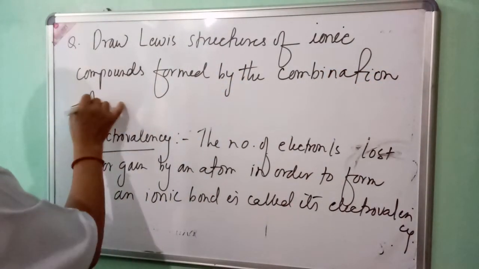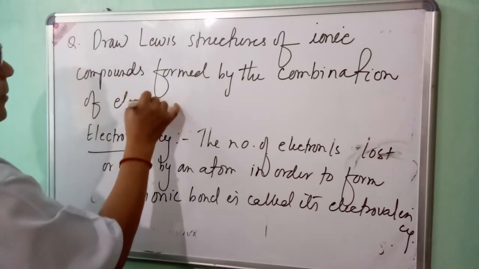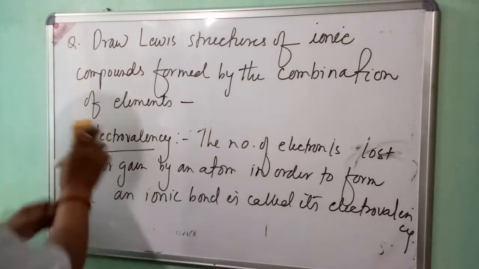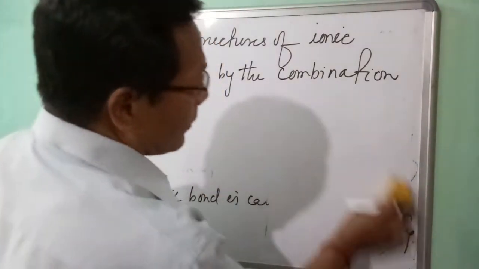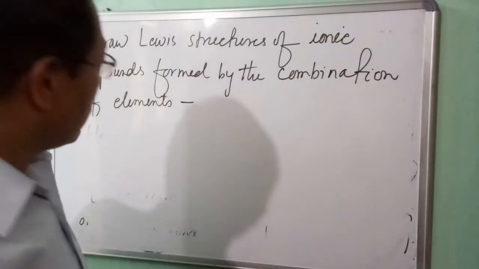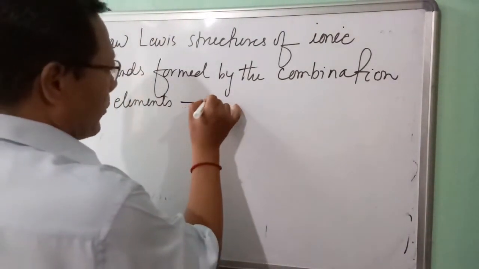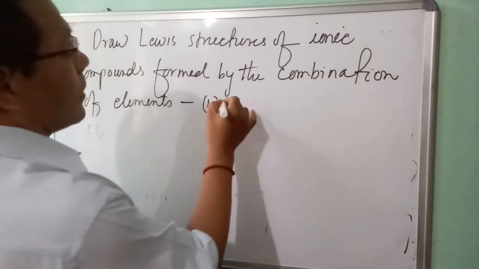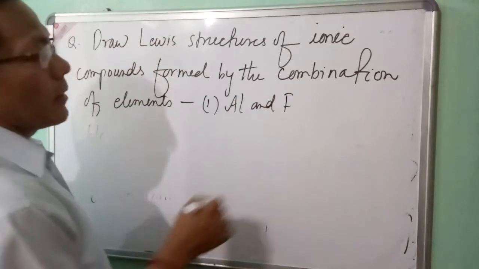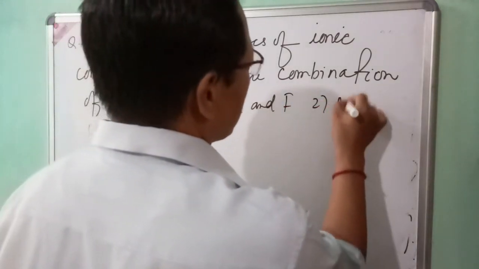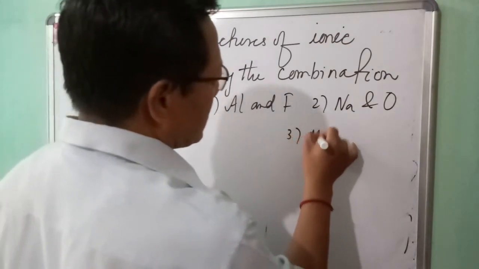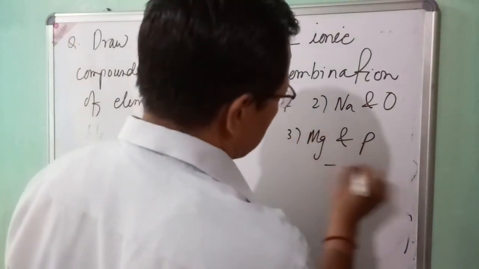Following elements: metal and non-metal. They will not give the formula of the ionic compound in this question. The formula of the ionic compound of the given elements: here aluminum and chlorine, similarly sodium and oxygen, and magnesium and phosphorus.